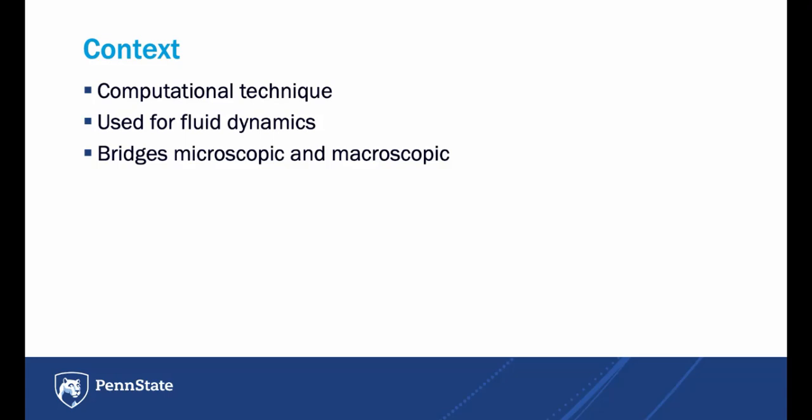Rooted in kinetic theory, the Lattice-Boltzmann method bridges microscopic particle behavior, like the Boltzmann equation, with macroscopic fluid properties like Navier-Stokes equations. It is particularly popular in computational fluid dynamics and soft matter physics.